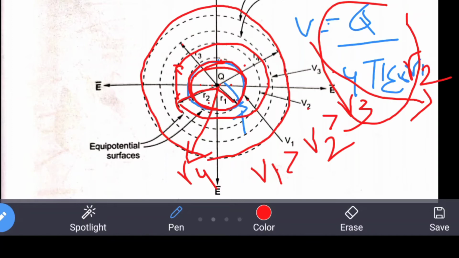Equipotential surfaces: we know that potential V equal to Q by 4 pi epsilon naught R. If we consider R1 distance, then as the distance increases, potential will decrease.